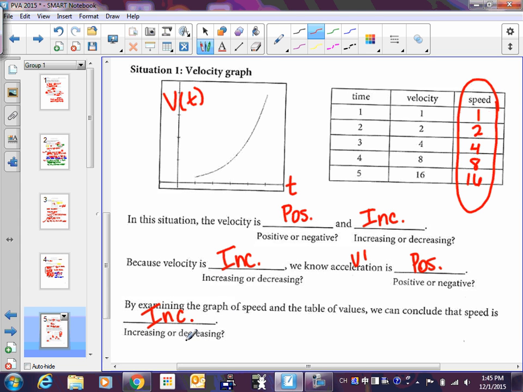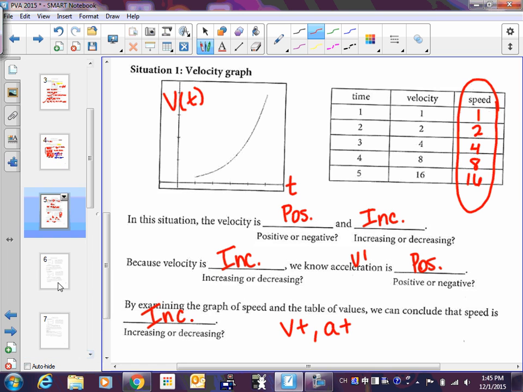I don't want you forming any, it's always going to be increasing when it's always like this. We're not there yet, okay? Because some of what you're assuming right now could be true, but you're probably assuming too much. All right, so I do want to kind of recap. Velocity was positive, acceleration was positive, and speed was increasing.